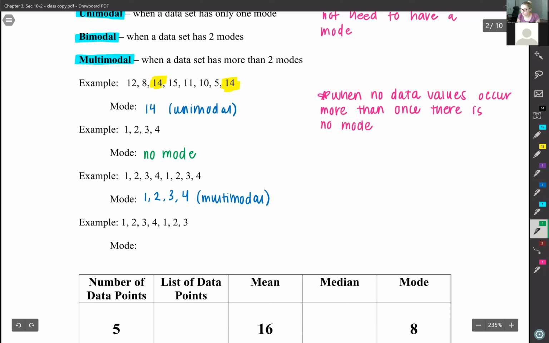Okay, so why don't you guys go ahead and do the last example and then private chat me your answers when you finish it. Just tell me what the mode is on this last example.